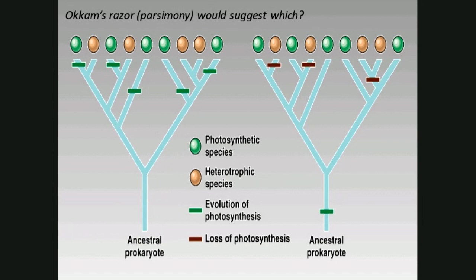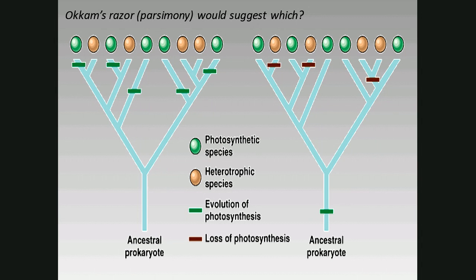So we have an ancestral prokaryote, and then it branches off into different organisms. The ones that are green are photosynthetic, and the ones that are brown are not. Now, looking at those two possibilities, and remembering what you learned about photosynthesis in Bio 1, specifically the complexity of photosynthesis, which of these two schemes do you think makes more sense?